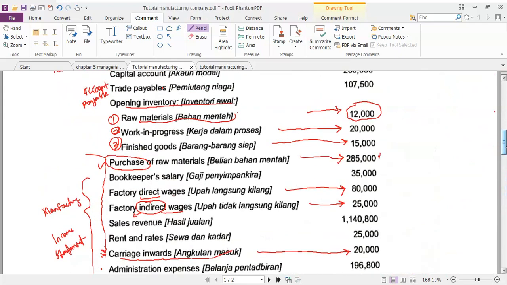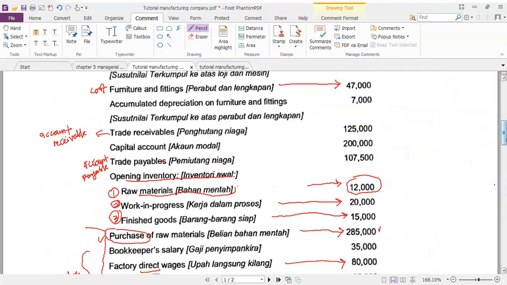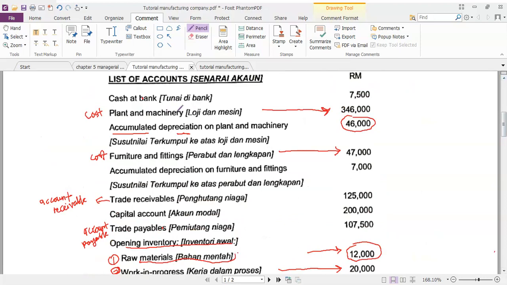What say you? Plant and machinery, loji dan mesin. In Malay, we call it plant and machinery. Is there a plant and machinery inside the factory? Adakah kita menggunakan? Yes.